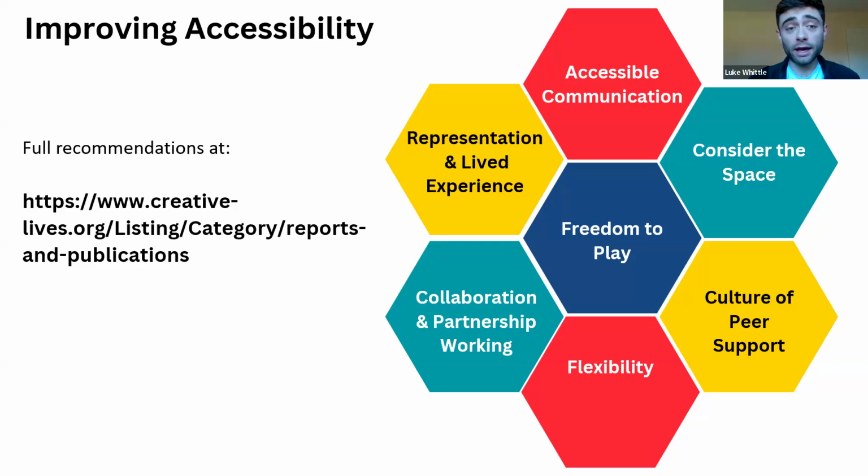Considering the space, obviously individuals will need different levels of accessibility, and people will interact differently with different spaces. So groups mentioned considering the space and incorporating the idea of accessibility, not just into the space, but also into the group's thinking and their thought processes, and being open to frequently reviewing these processes in your spaces.